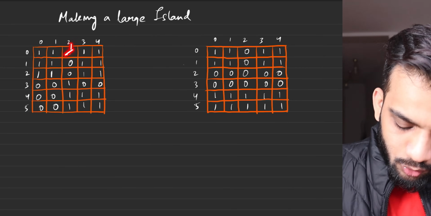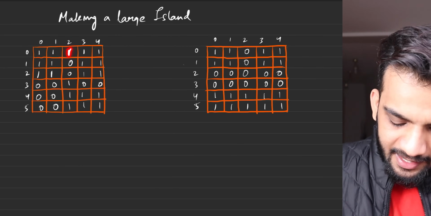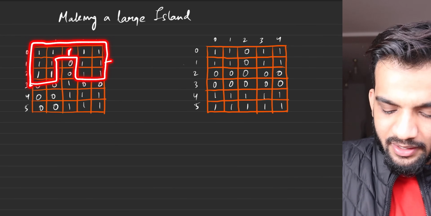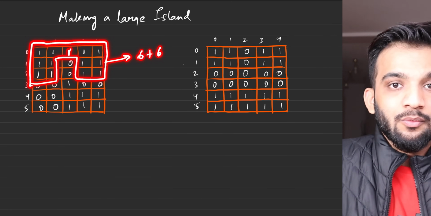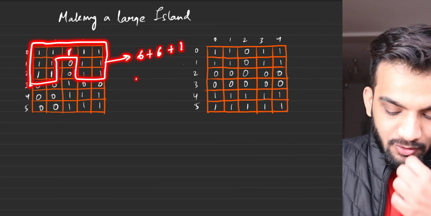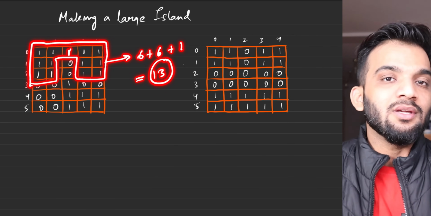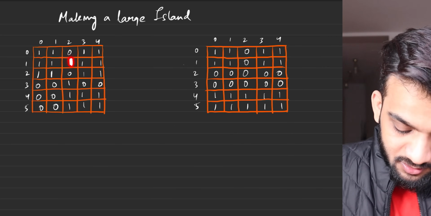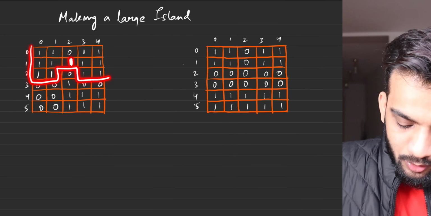Imagine I convert this 0 to 1. Then can I say this is the new connected component with a size of 6 plus 6, which it was previously, and a 1 as of now, which will make the total size 13? Can I convert this? Yes, you're allowed to convert anyone.